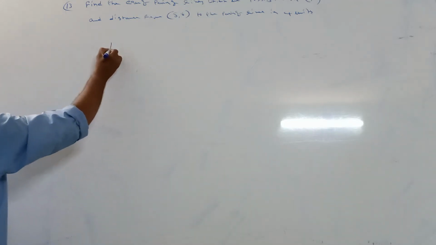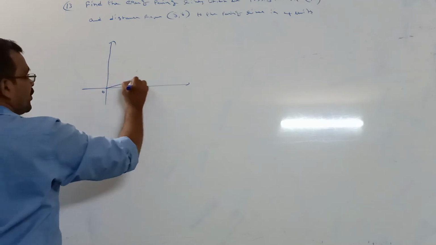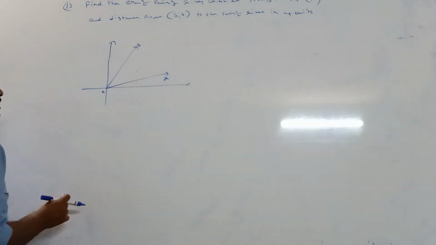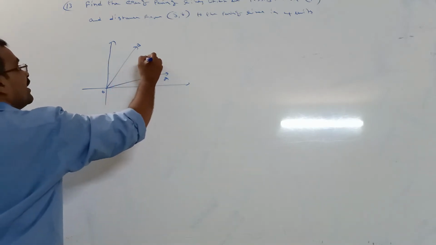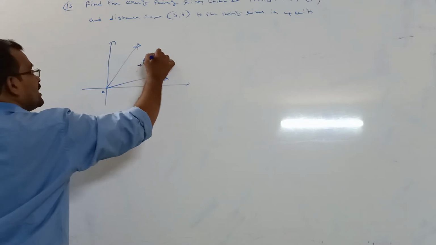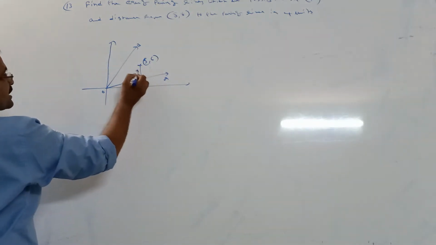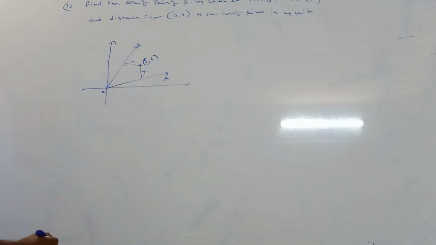In this question they are asking for a pair of lines passing through the origin, that means OA and OB, whose combined equation we need. They give the perpendicular distance from (5, 6) to both lines as 4 units. Then find the pair of lines.